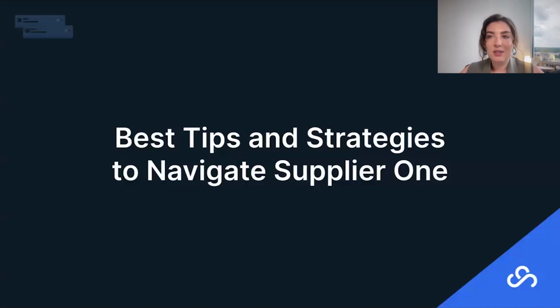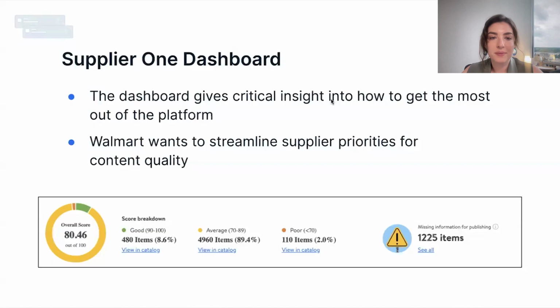All right, let's get into the tips and strategies to navigate Supplier One. All right, so here's the Supplier One dashboard. This is specific to your items, and it's going to be helpful to understand some of your content. I know I'm giving you a lot of extra content to go look at, but if you're interested, we did do 3 webinars with One World Sync, and they were great.